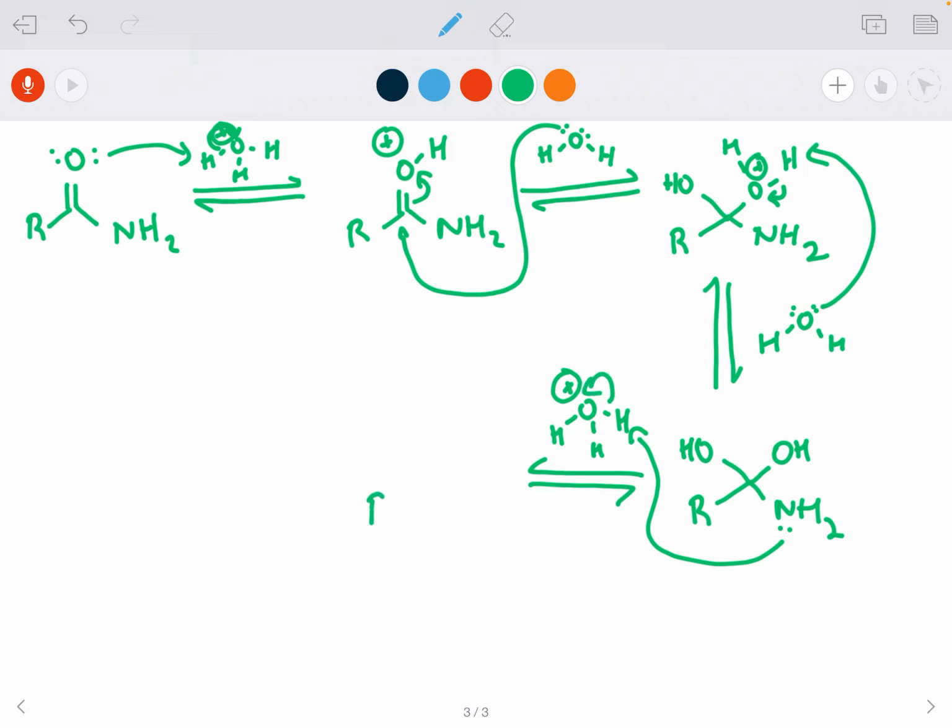So you might be seeing where this is going now. I've made a great leaving group. So I can bump down one of the lone pairs from oxygen and kick off the NH3.